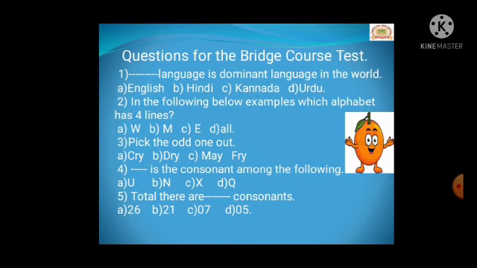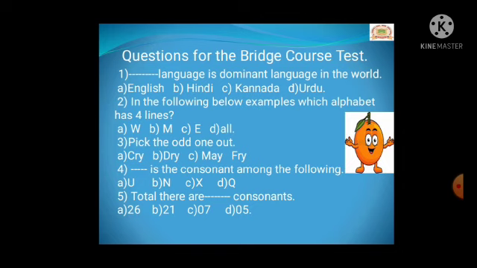And Hindi is our national language. Maybe it is a dominant language in our country, but it will not become a dominant language in the whole world. Then the remaining is only one, that is English. English is the dominant language in the world. That is the correct answer.